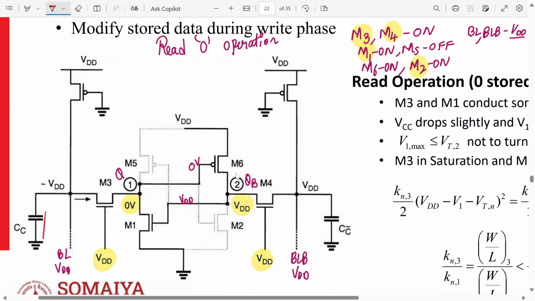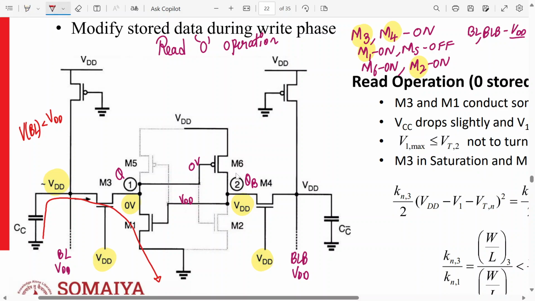This will try to discharge like this. Yes or no? Because there is a voltage difference between BL and Q. Here it is 5, here it is 0. So the voltage at BL will fall down slightly, right? It will be less than VDD. It's written over here approximately equal to VDD but less than VDD.